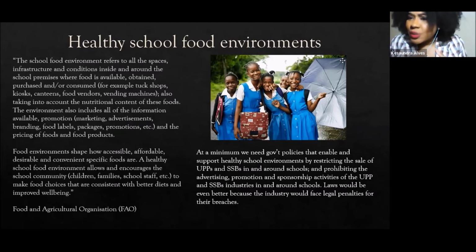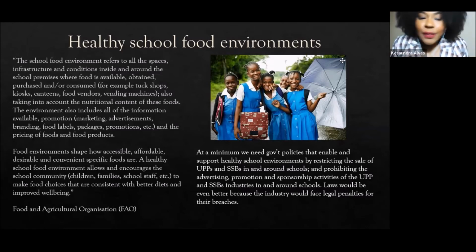So pricing too is also a strategy, cheaper than something that is healthy, right? So all of those things you have to take into account when you're looking at the school food environment. So you see the FAO also continues, you have to look at what shapes the food environment: how accessible, affordable, desirable, and convenient specific foods are.